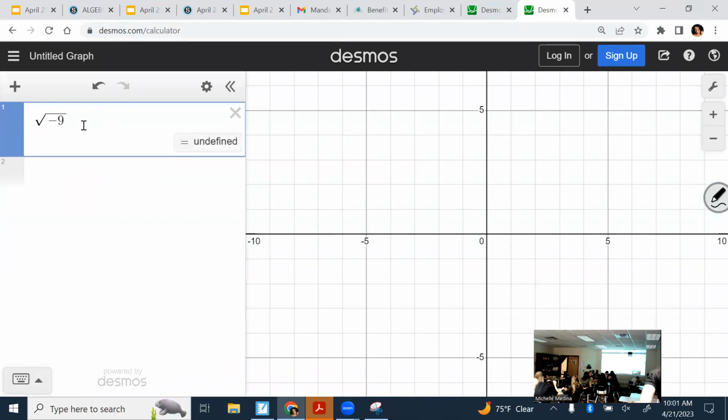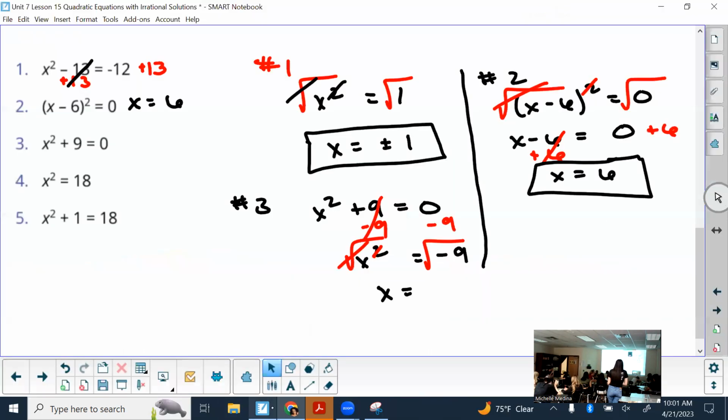All right, when I put that in my calculator, it says undefined because it's impossible. Just like anytime you square something, you should never get a negative. You can't take the square root of a negative. So for number 3, there's actually no solution. So that's impossible to do.